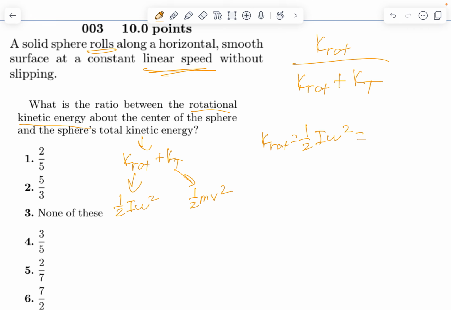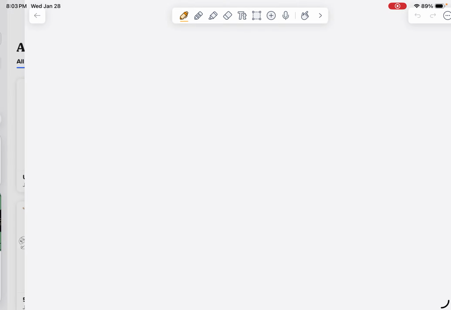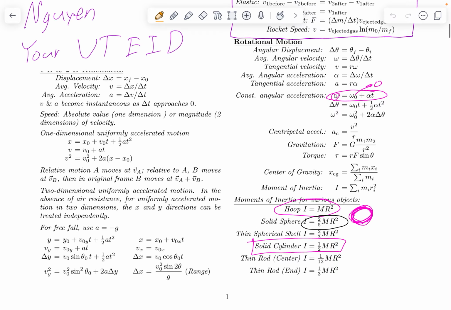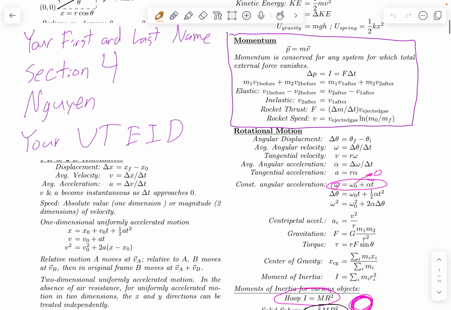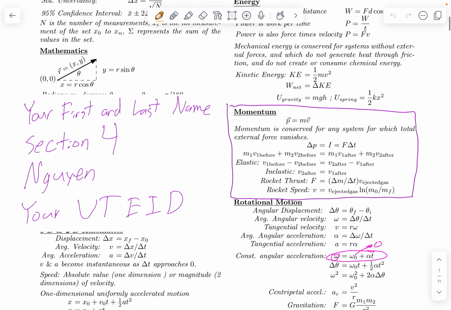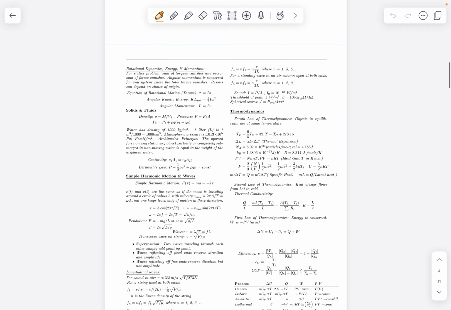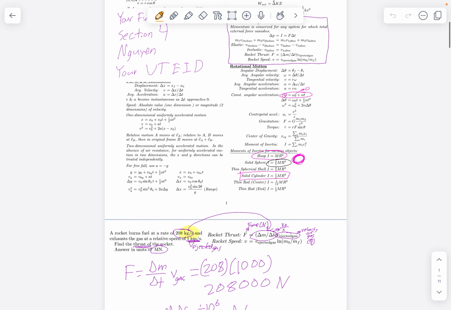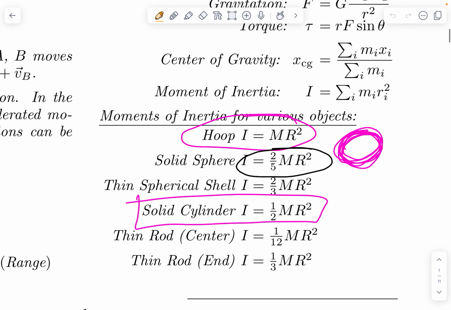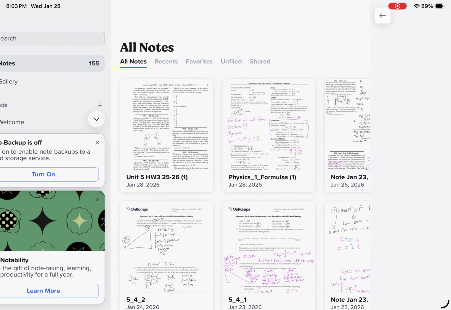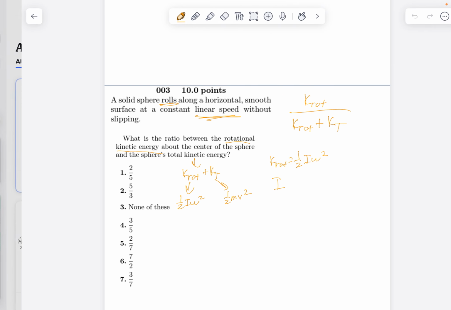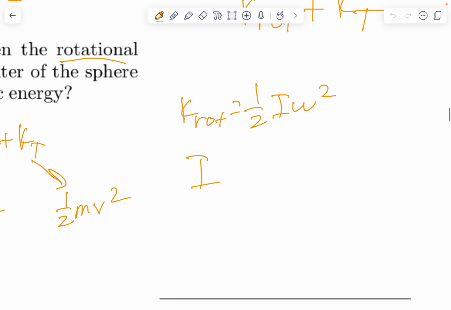So I for a sphere is, I don't remember, but it's on my formula chart. Where is it? Oh, right here. I for a sphere is 2/5 mr squared.